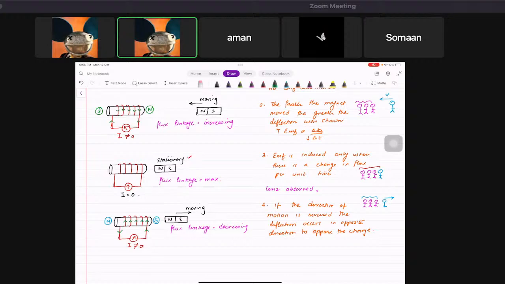So what I was saying was that the Faraday law really tells you how current is induced. There has to be a change in magnetic flux per unit time. But the Lenz law basically tells you what will be the direction of that current, because it will be in the direction that opposes whatever change is happening.